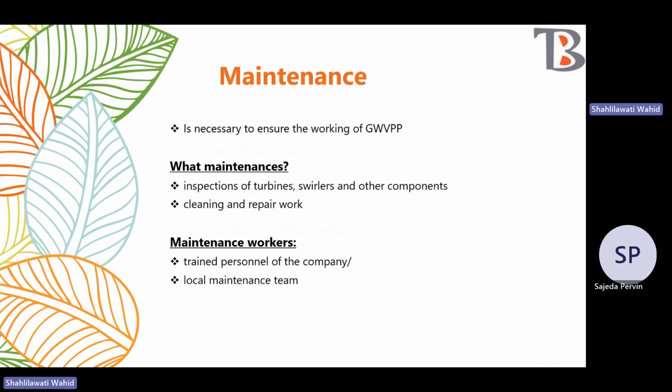Regarding repair work, maintenance is very important to GWVP to ensure it keeps working. For example, shafts or turbines, cylinders, and other components, as well as cleaning and repair work. Maintenance work can be performed by trained personnel of the company or other local maintenance teams.